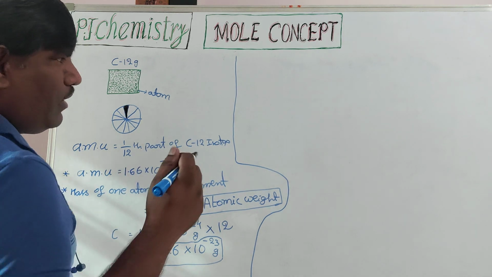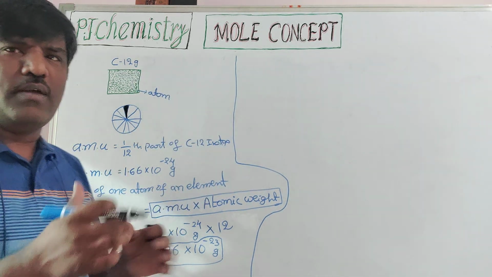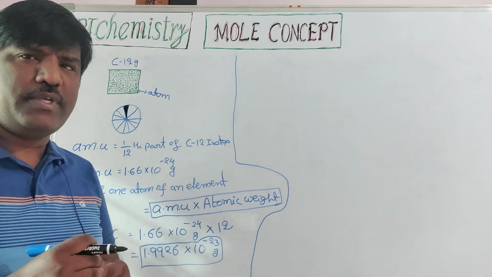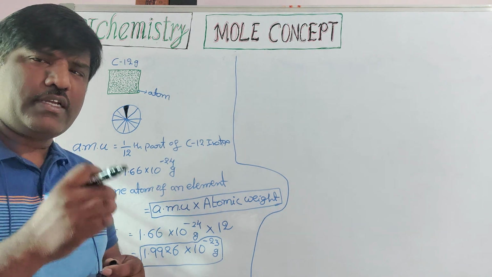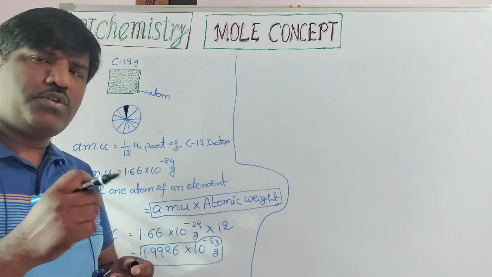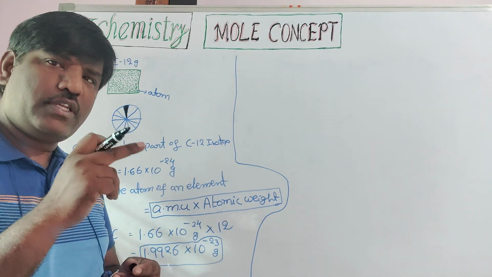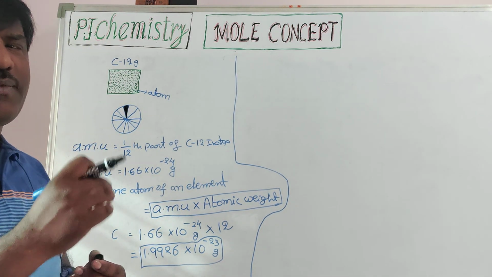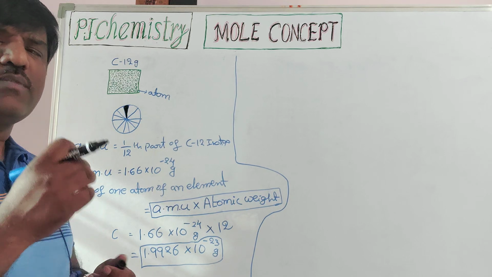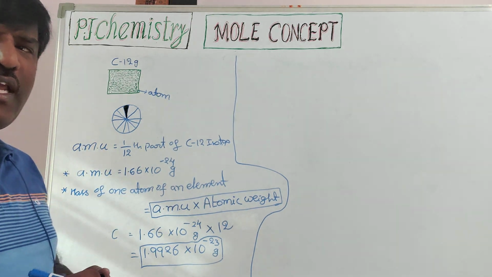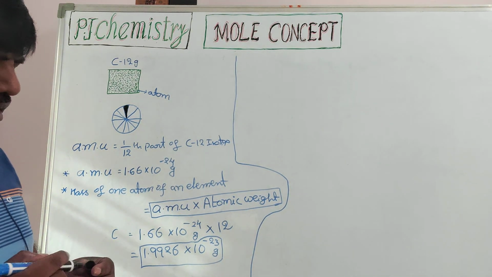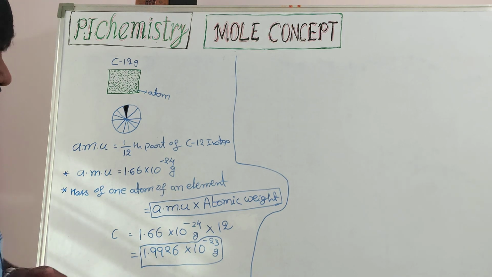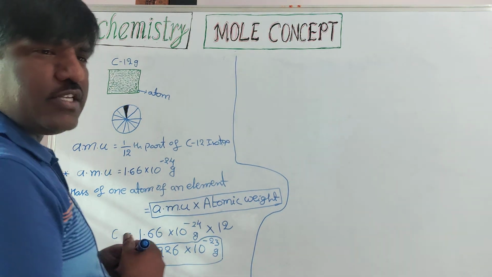There, whenever we mention gram, I clearly gave the information that 6.022 into 10 to the power of 23 atoms are present in that. Yes or no, that we will discuss now. That value is nothing but mole.